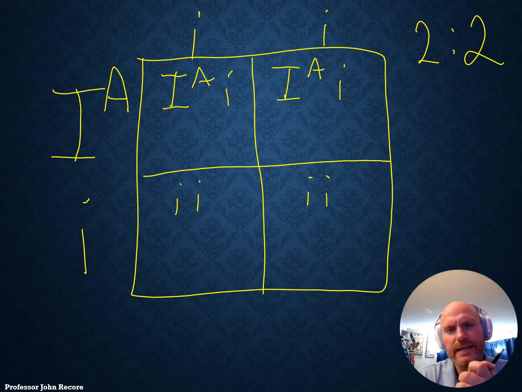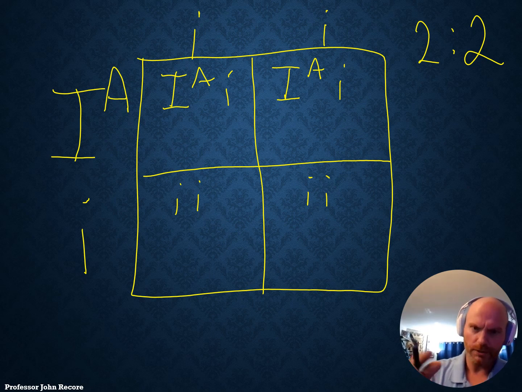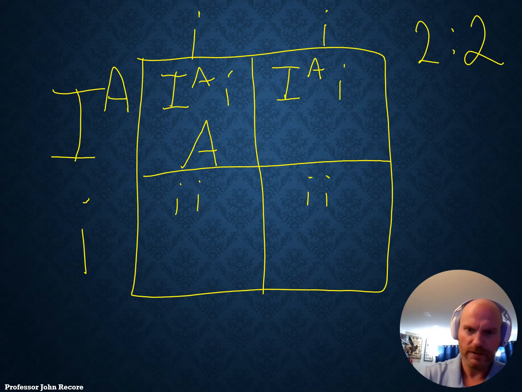Now, you may not need to do this in order to get the phenotype ratio, but just to stay consistent, I'll put the phenotype below it inside the Punnett square just so that it can keep us on track. So in this first case, we're going to wind up with type A blood just like Mr. Rodriguez, as well as in the next case.